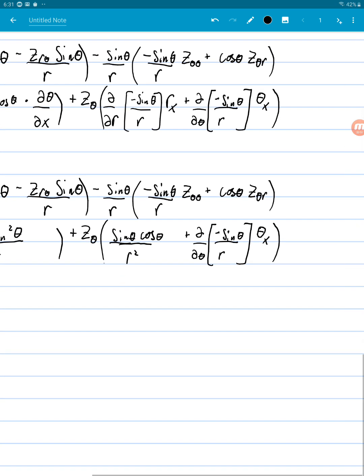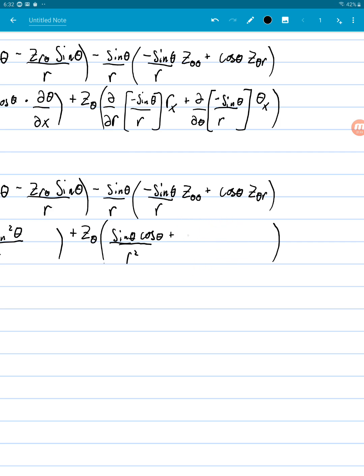Then we'll have negative sine theta over r, partial derivative with respect to theta, would give us negative cos theta over r. We have plus negative cos theta over r. Then we're multiplying by theta sub x. So that's going to give us another negative sign.